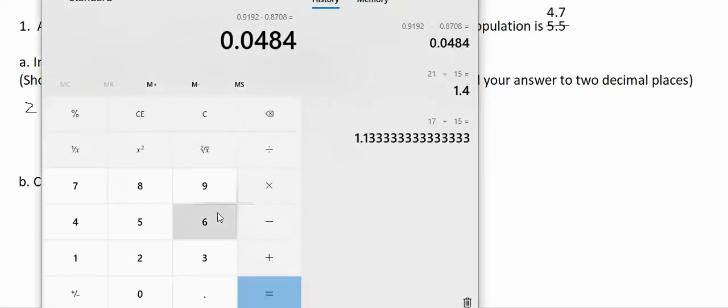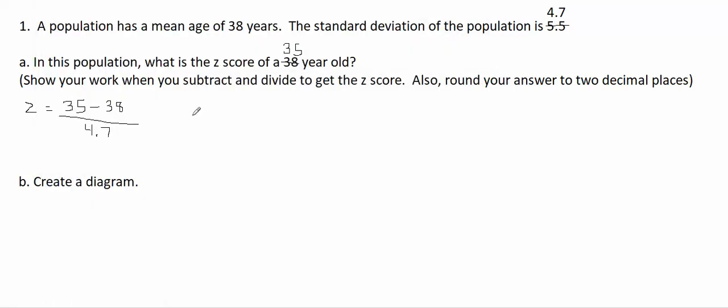So 35 minus 38 is negative 3. Negative 3 divided by 4.7.